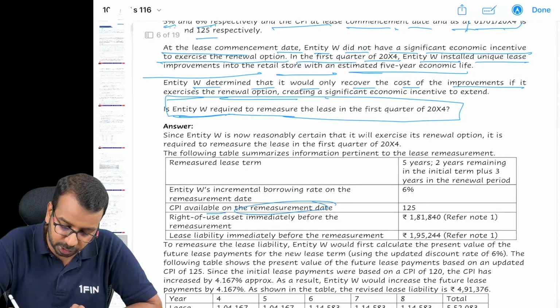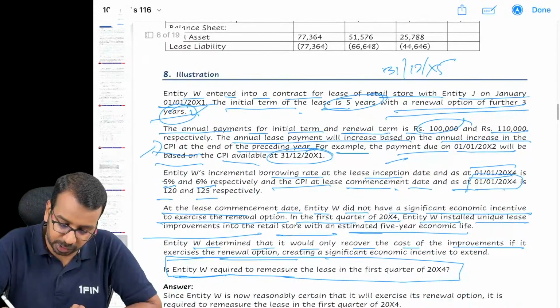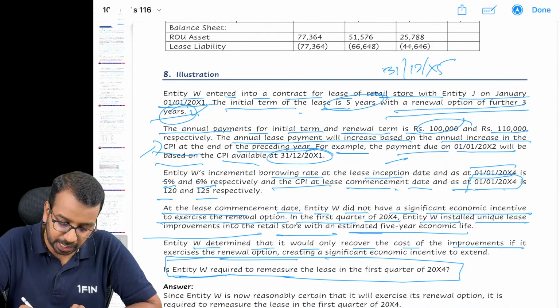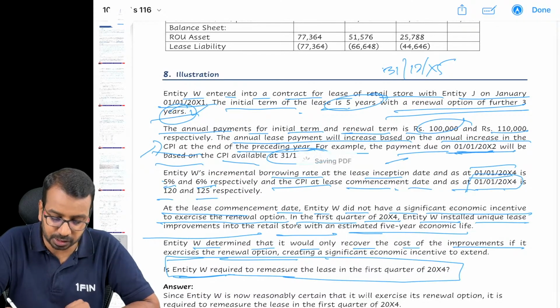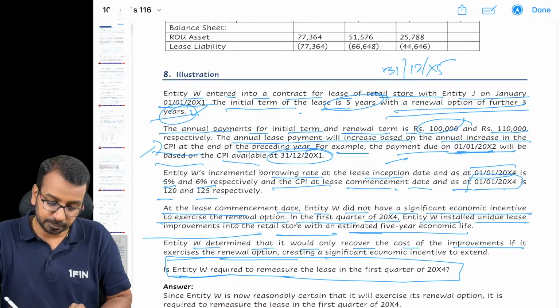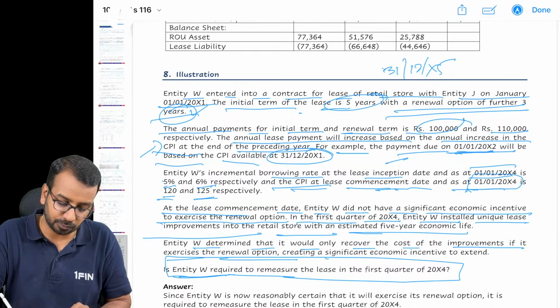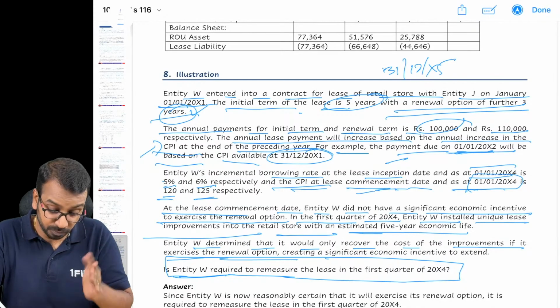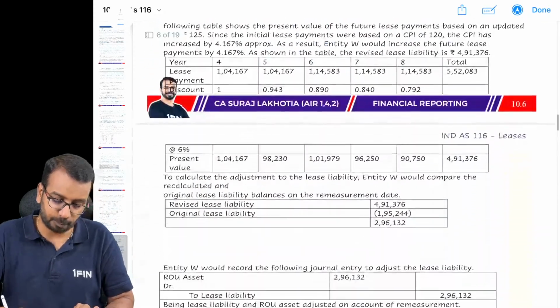CPI available on the remeasurement date is 125, whereas at the commencement it will be 100 only, and payment on 1st of January year 2 will be based on 31st December of year 1. CPI at commencement date is 120 and 125 respectively on 1st of January of year 4. When is the commencement date? Commencement date is 1st of January of year 1.